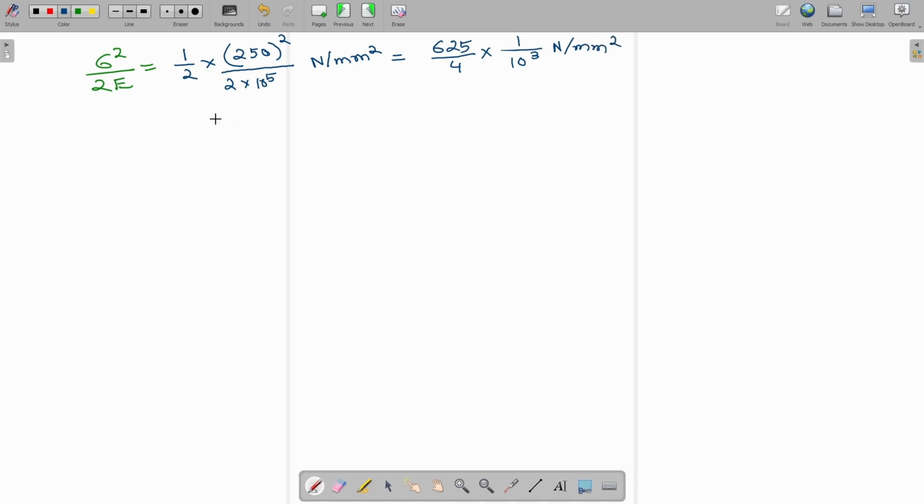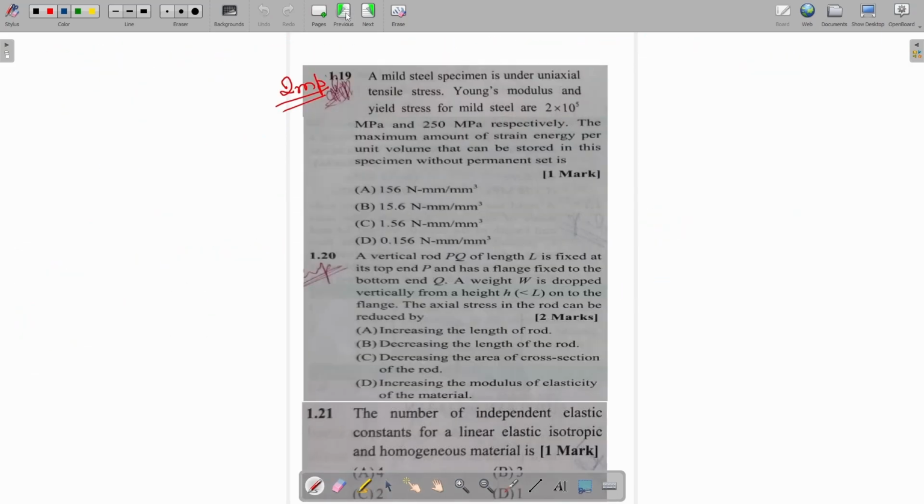Therefore, we are getting 0.156 Newton millimeter per millimeter cube. This is the answer. Therefore, the answer is option number D.